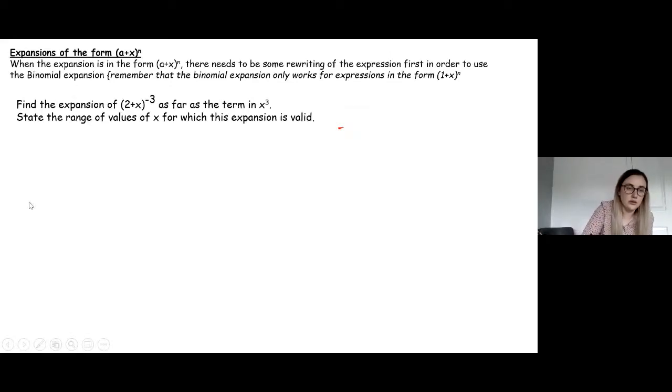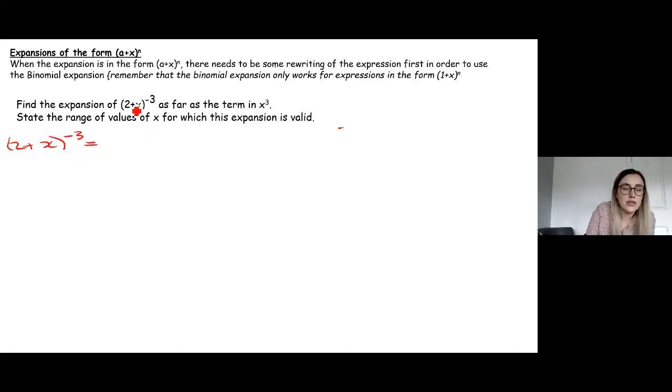Okay, so looking at this then. We need to rewrite this in a nice form. So we can rewrite 2 plus x to the minus 3.